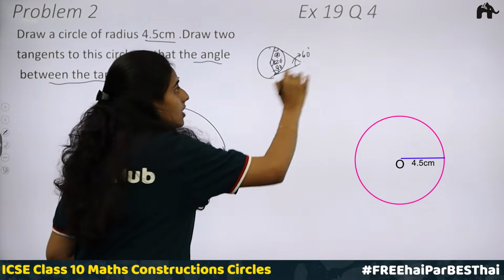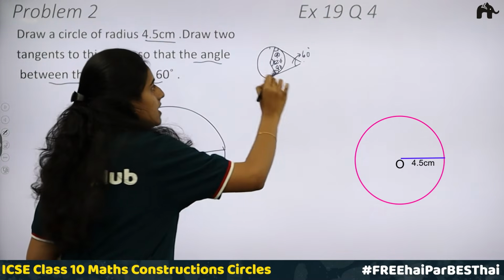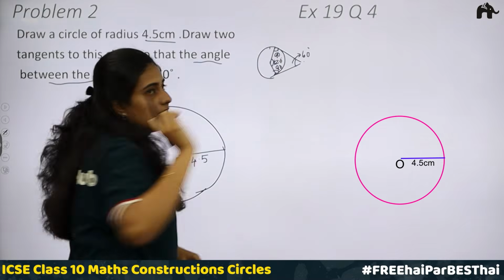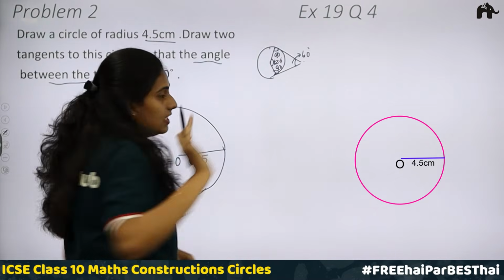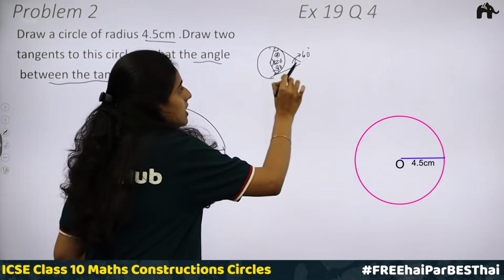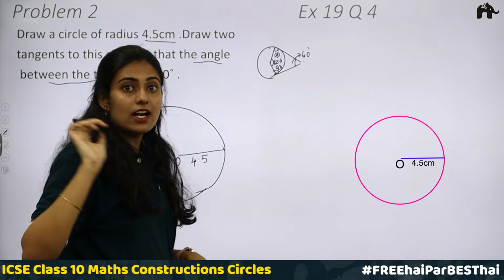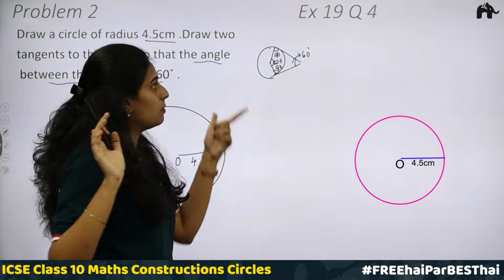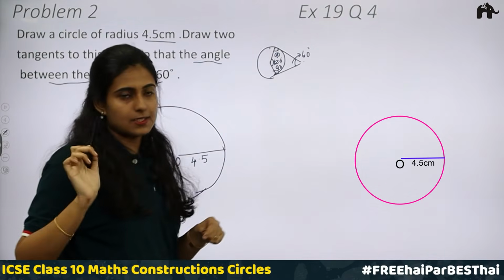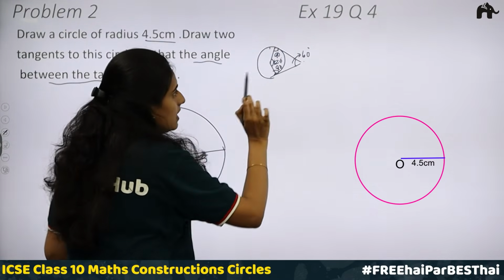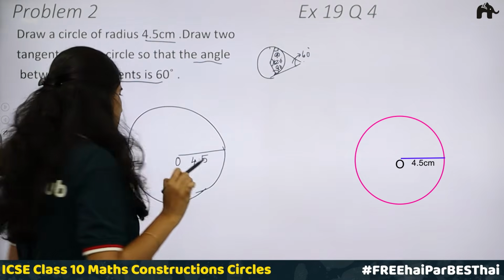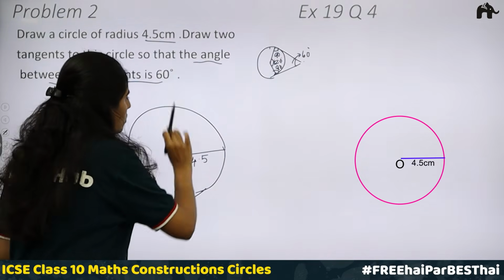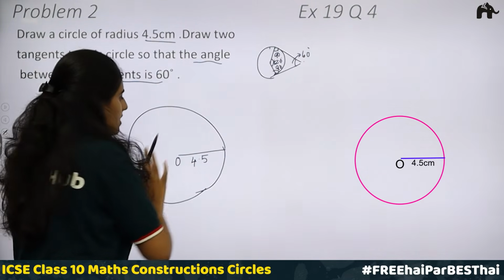This is a cyclic quadrilateral. In a cyclic quadrilateral, we know that the sum of opposite angles will be 180 degree. They are supplementary angles. Here we have 60, which means this should be 120 degrees. Here we are going to get 120 degrees at the center.